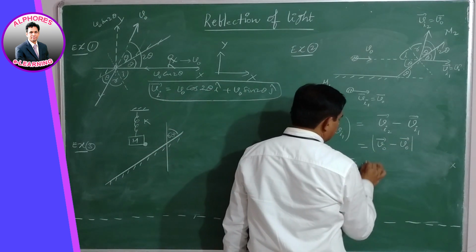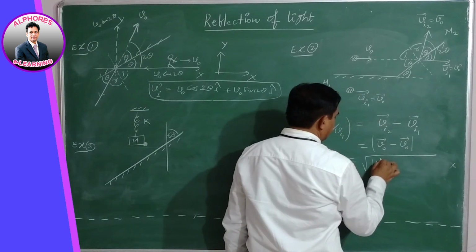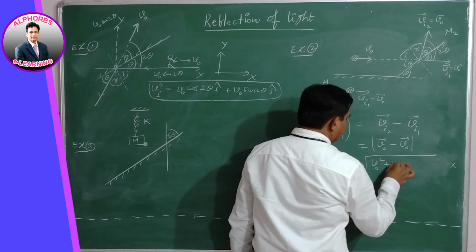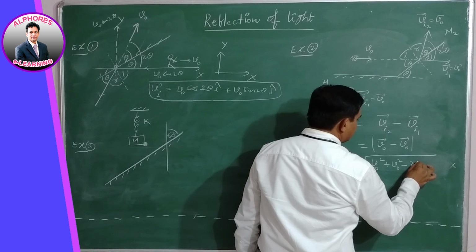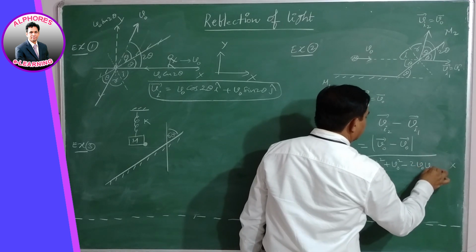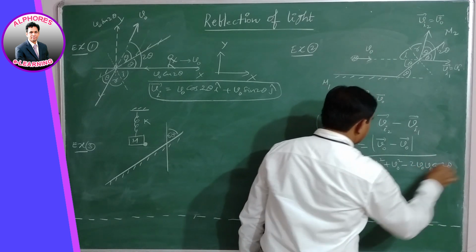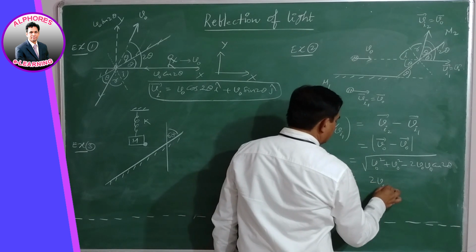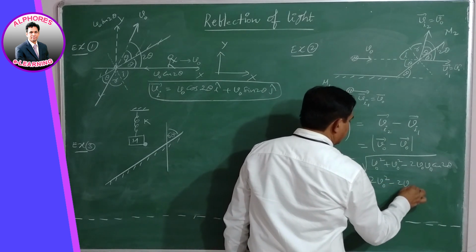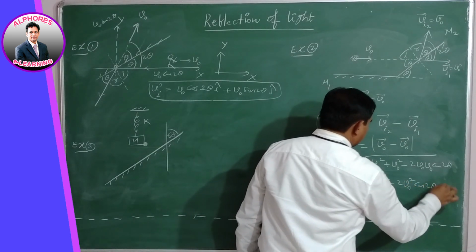We can write it as V0 square plus V0 square minus 2 V0 square cos 2 theta, which leads to the square root of 2 V0 square minus 2 V0 square cos 2 theta.